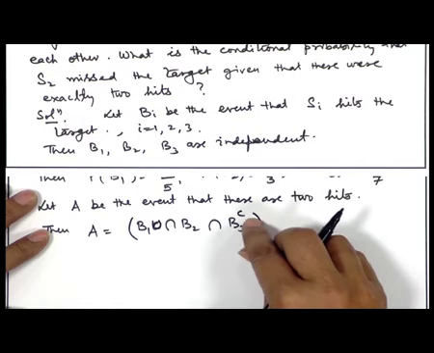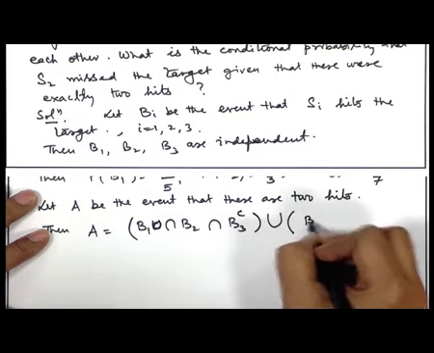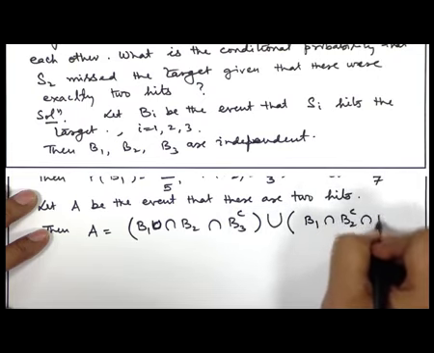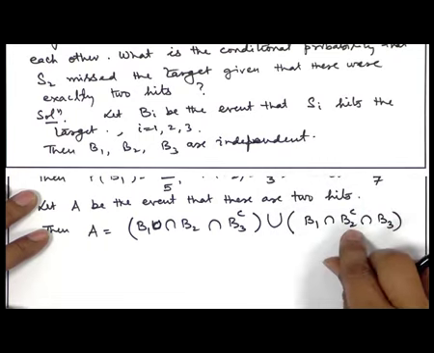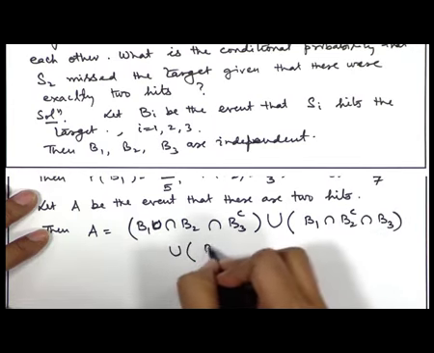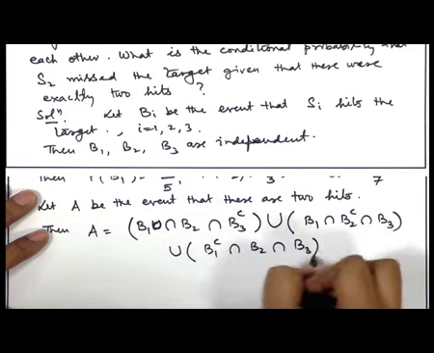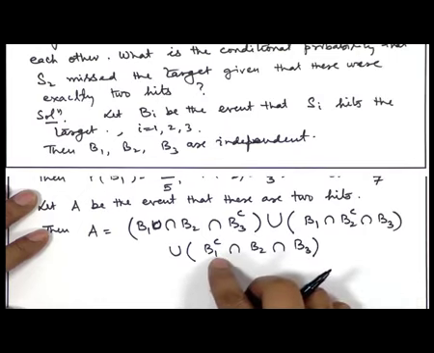Union B1 intersection B2 complement intersection B3, which means the first and the third shooter are successful, whereas the second shooter is unsuccessful. Union B1 complement intersection B2 intersection B3. It means that the second shooter and the third shooter are successful, whereas the first shooter is not.